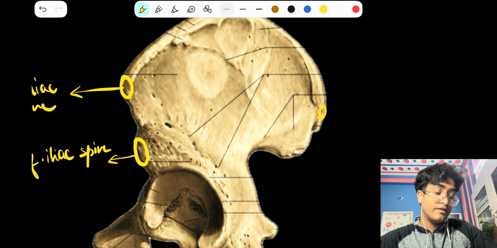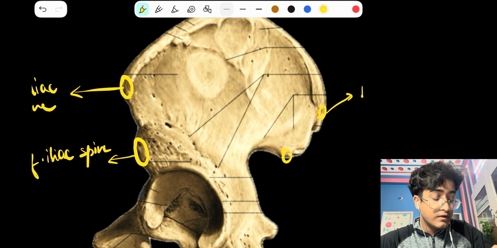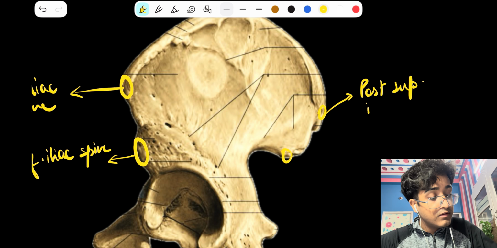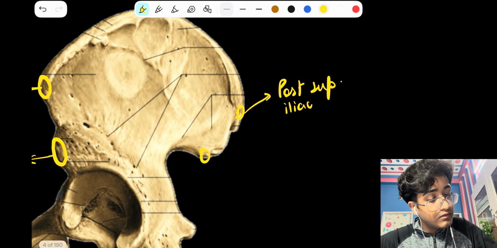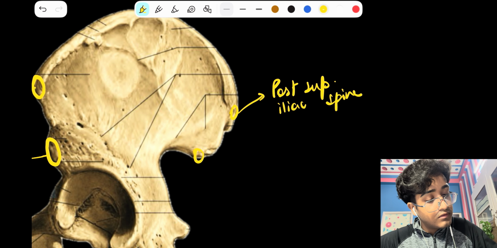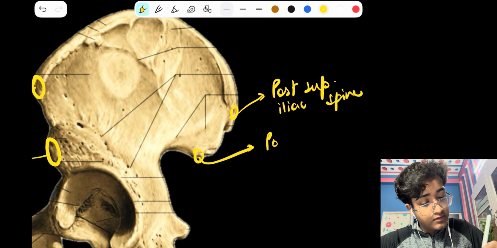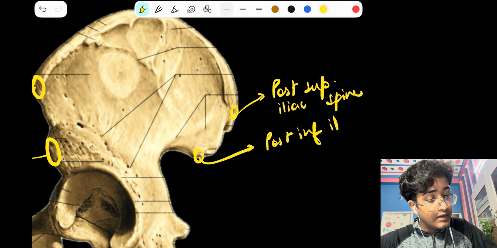Posteriorly, there are another two spines, the posterior superior iliac spine and the posterior inferior iliac spine.